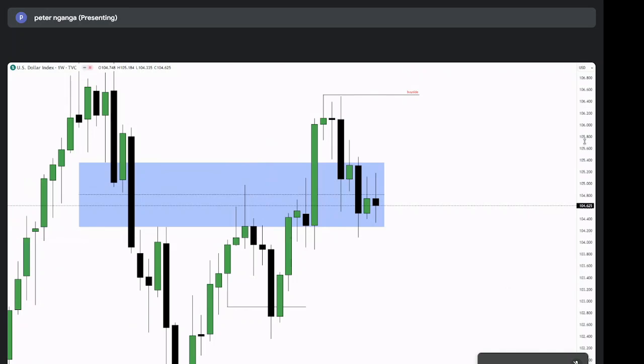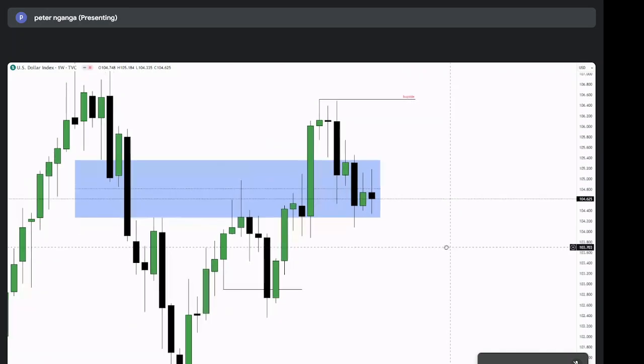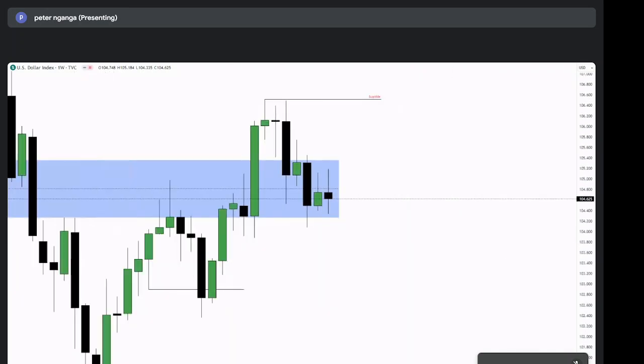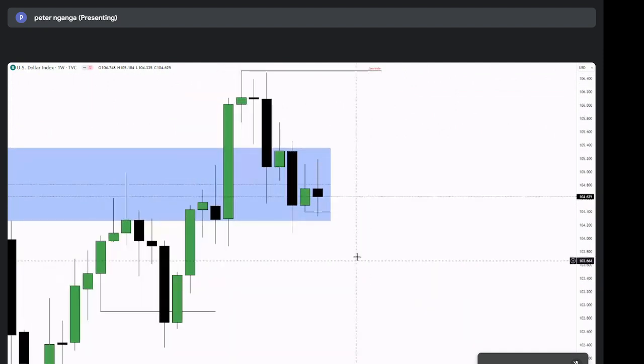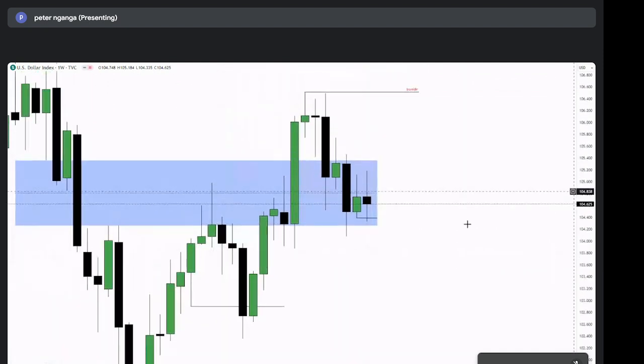So now this weekly chart, we have this low right here, and we have this low right here, and this low, these three lows. So we can see how we dropped. And then the other candles' low, we have taken out internal range liquidity, the sell side liquidity part of it.